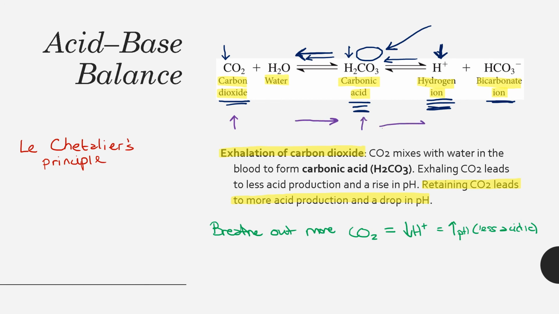That's going to shift the equation to the right again and result in an increase in hydrogen ions. So we'll just say we keep in CO2. We don't breathe as much CO2 out. It's going to result in an increase in hydrogen ions and therefore a decrease in pH. So it's going to result in a more acidic blood.